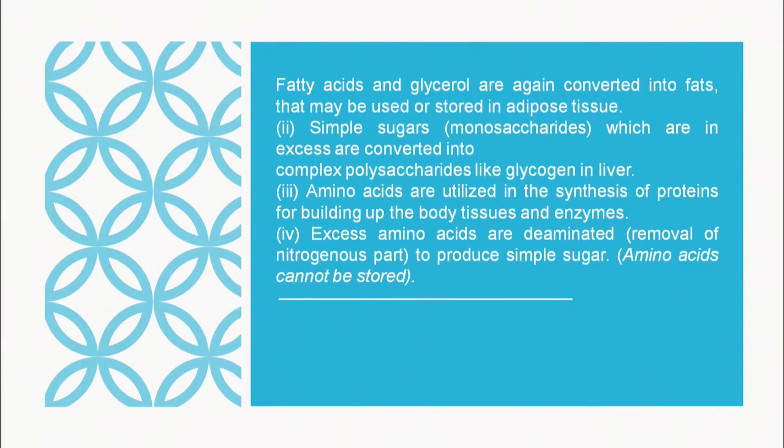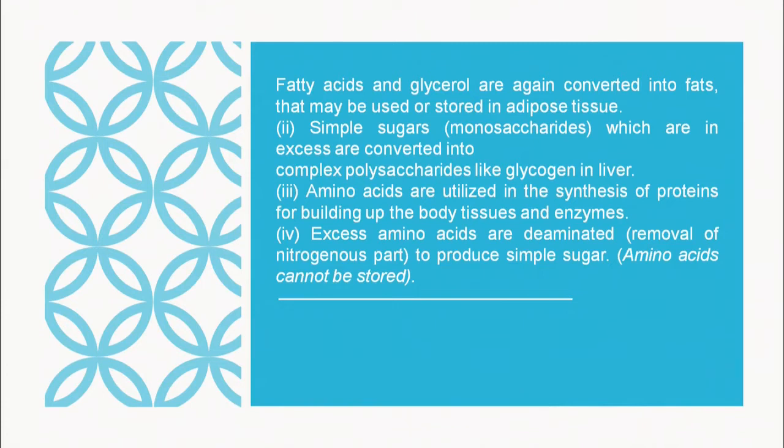Now, fatty acids and glycerol are again converted into fats that may be used or stored in the adipose tissue. Adipose tissue is made up of cells which store fat. The simple sugars which are in excess are converted into complex polysaccharides like glycogen and stored in the liver.